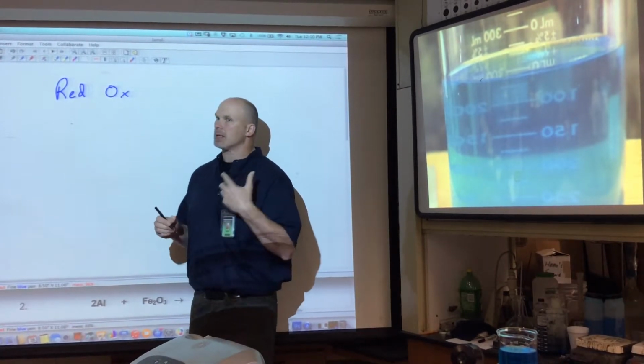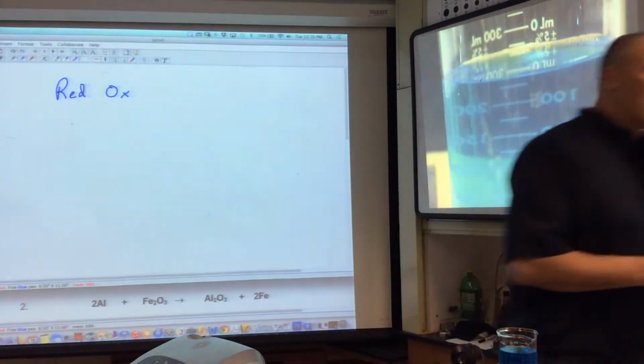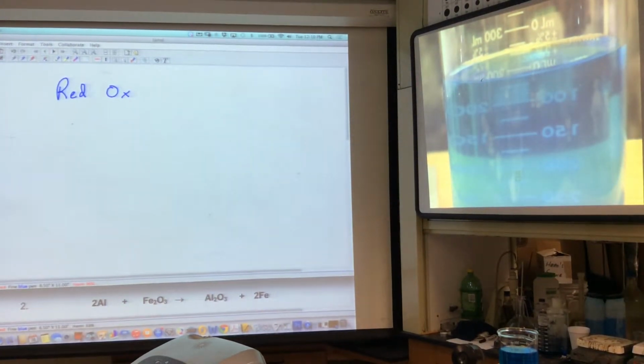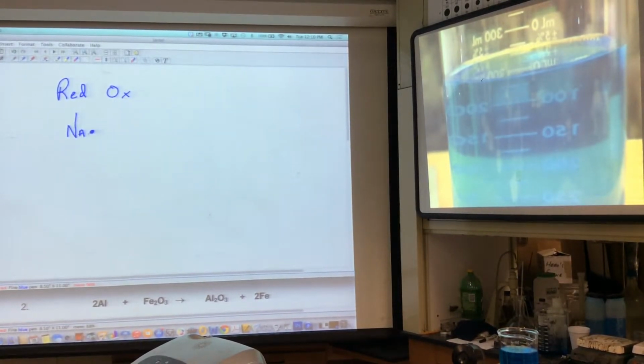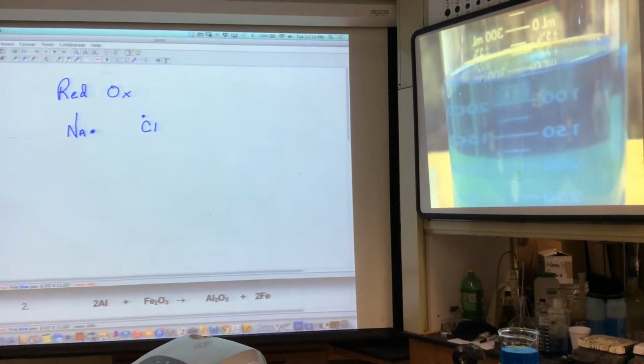Let's take a step back in time when I had pure old-fashioned sodium. And when we had sodium, we knew that sodium has one valence electron. We know it's a big atom, holds on to electrons loosely. It's a metal. Then when we put it in close proximity to a nonmetal, which is smaller, has more valence electrons, and because it's smaller, it has a higher effective nuclear charge, what did it do?